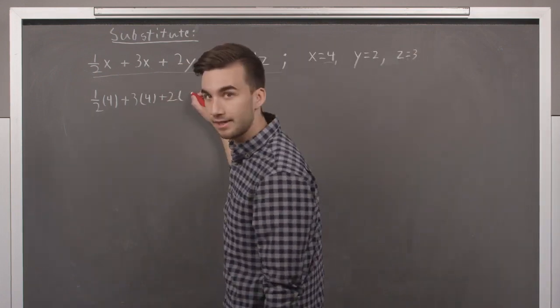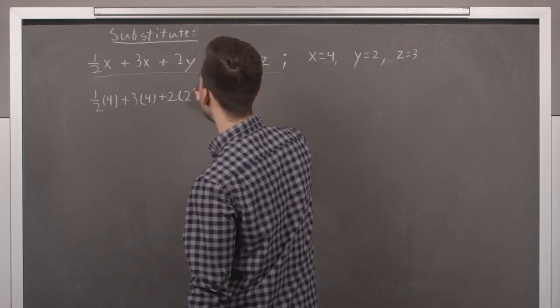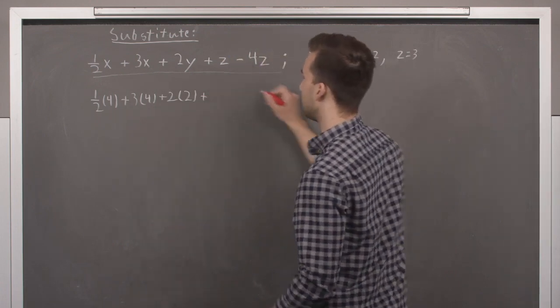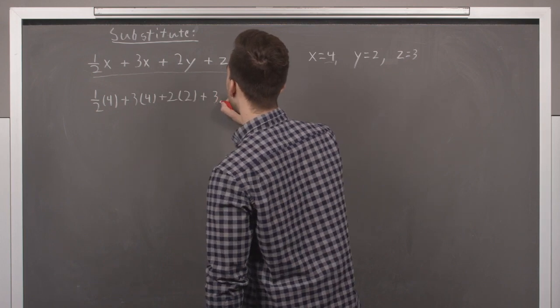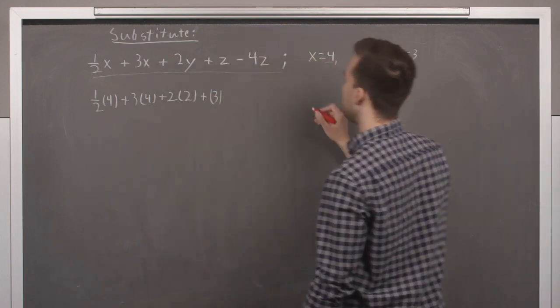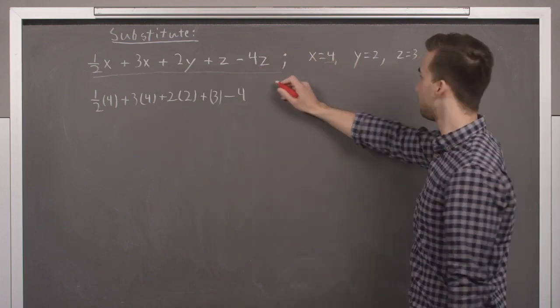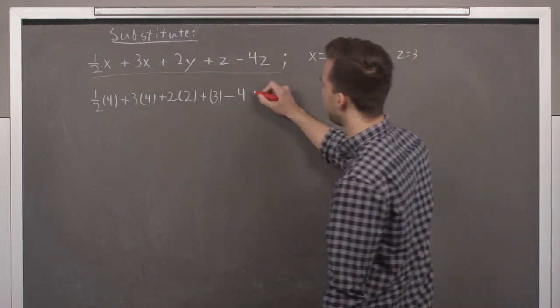What is our y value? It's given to us here. Our y value is 2. And then we have plus z. We're going to replace z with 3. And then we have minus 4 times our z value. So once again, we're just going to replace z with 3.